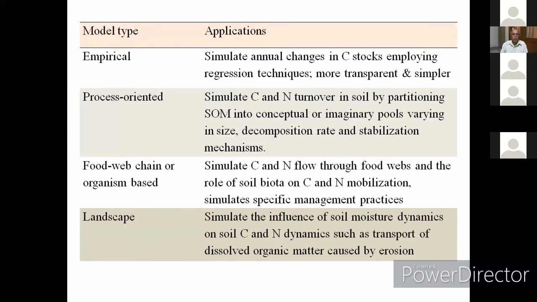Now, when I say empirical complexity, I said empirical models. Empirical models are simple regression equations. Sometimes the equations have a functional basis. Like you can develop an equation with calendar year versus crop productivity, or calendar year versus a given state variable, change in carbon or change in water content.